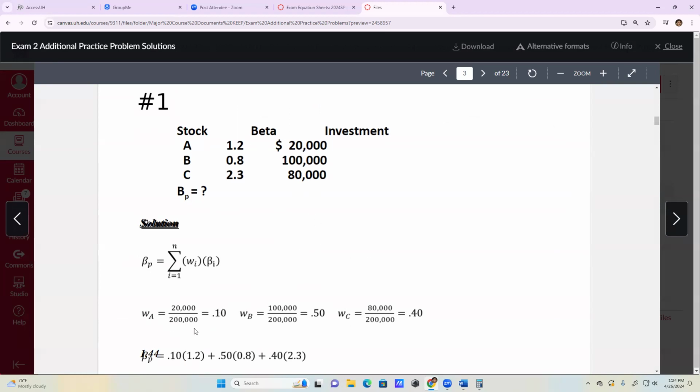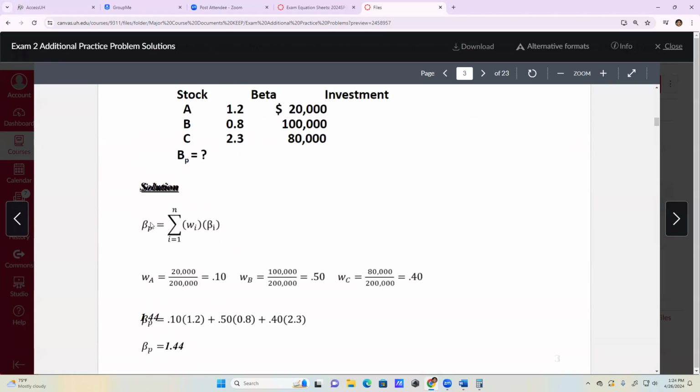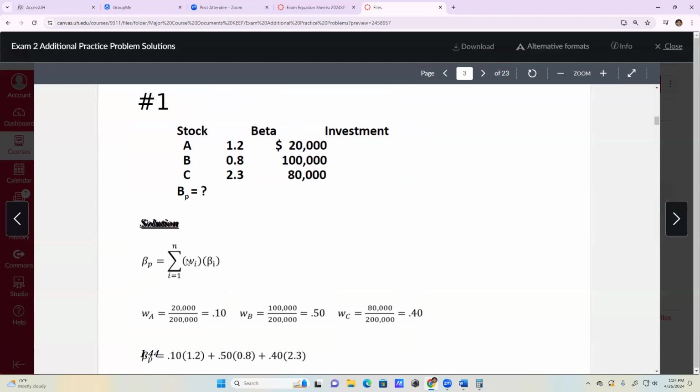That's how they got 0.10, 0.5, 0.4. And beta, this equation right here is really the expected return, which is the weight multiplied with the beta. If it were expected return, you would expect this thing right here to be the return.